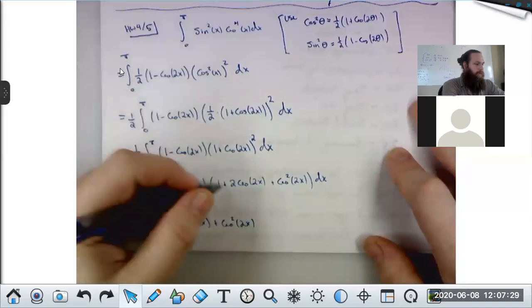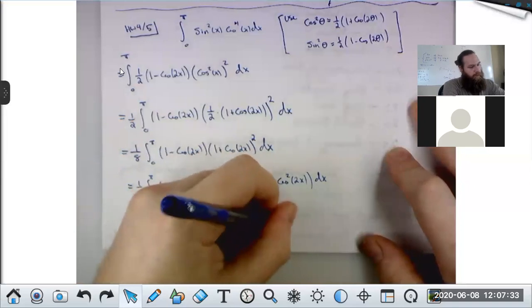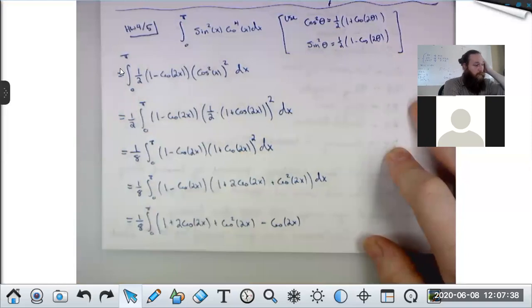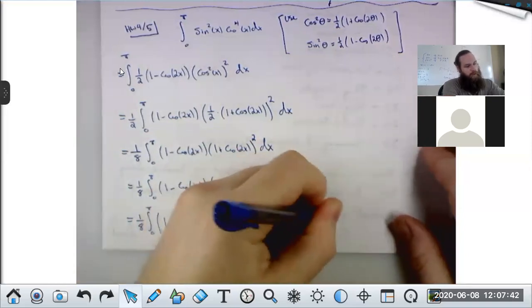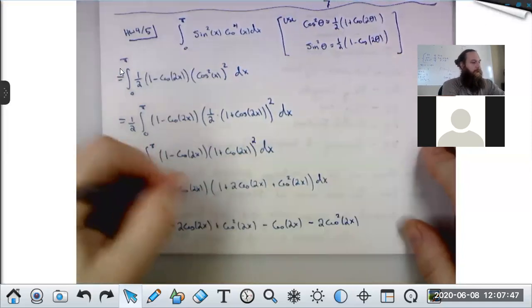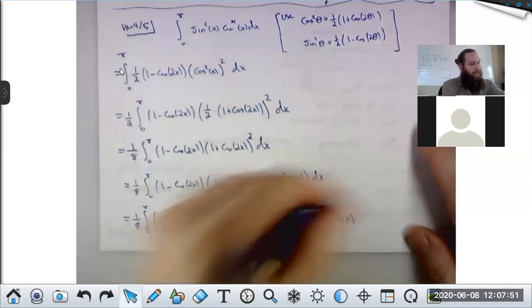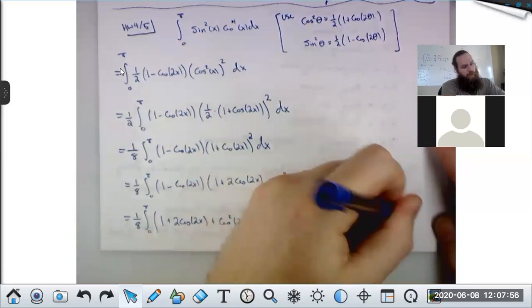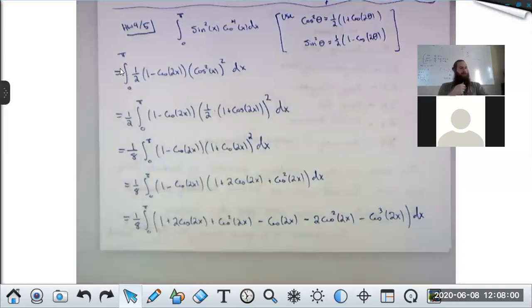So minus cos 2x times 1 is minus cos 2x. Minus cos 2x times 2 cos 2x is minus 2 cos squared 2x. And minus cos 2x times cos squared 2x is minus cos cubed 2x.